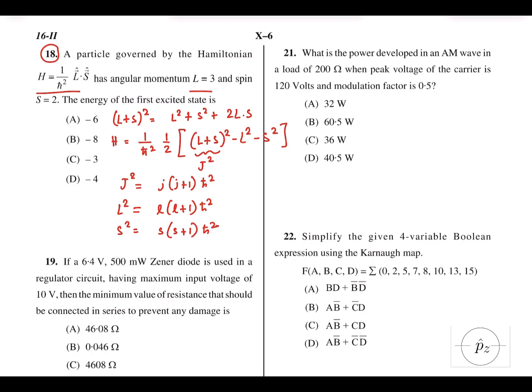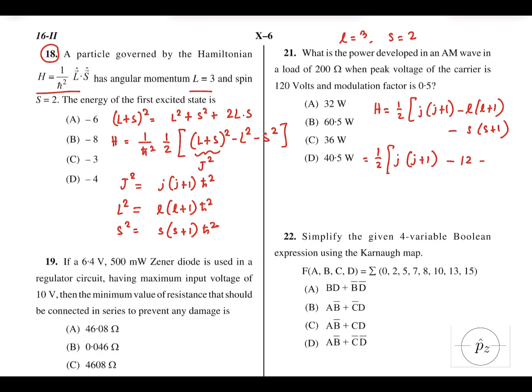So the Hamiltonian is half times J into J plus 1 minus L into L plus 1 minus S into S plus 1. Now given that L is equal to 3 and S is equal to 2, this can further be written as J into J plus 1 minus 3 times 4 is 12 minus 2 times 3 is 6. So this thing is now minus 18.